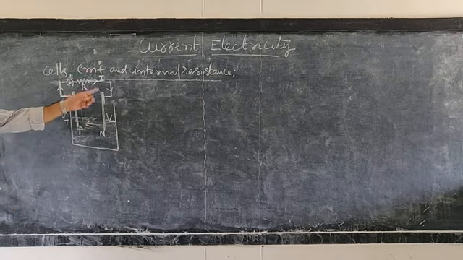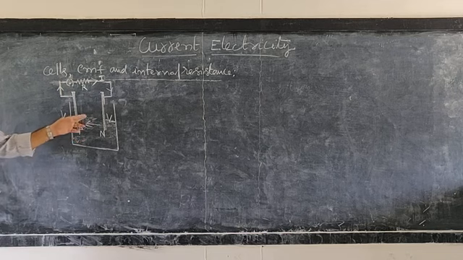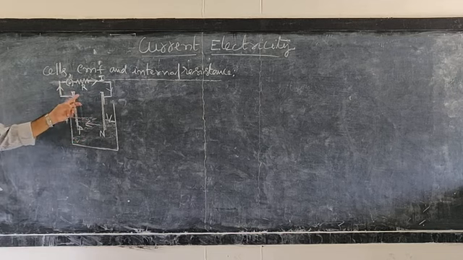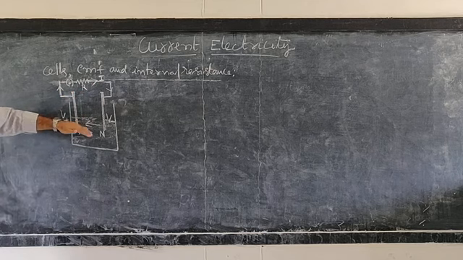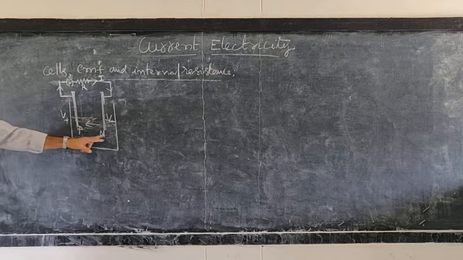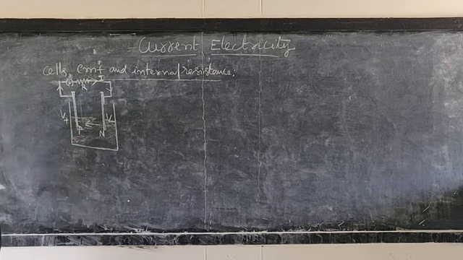So in the closed circuit, the current is flowing through the resistor in this direction externally, whereas inside the cell it flows from the negative terminal to the positive terminal.